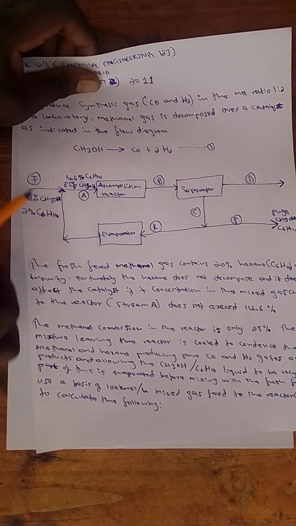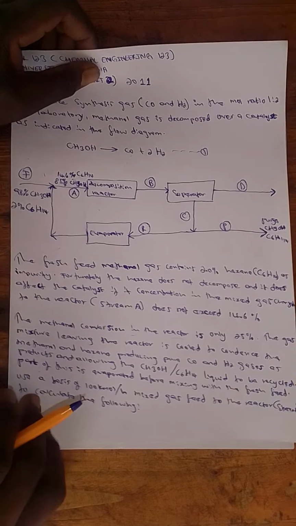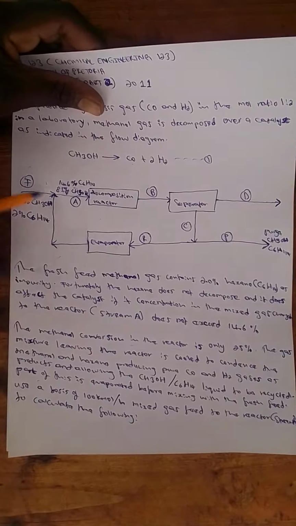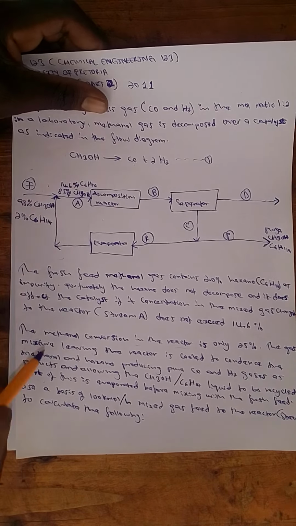I'm going to be doing a mole balance here just to get an important equation, which will be our first equation. We can just say F plus R is equal to A. This is because the feed plus the recycle stream equals the A which exits into the decomposition reactor.